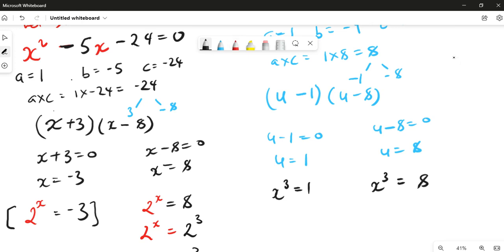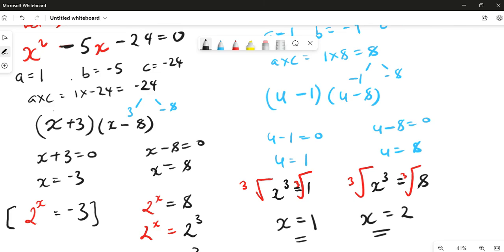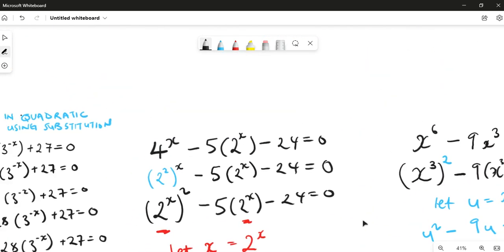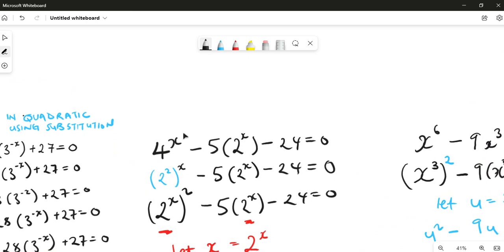So we find the cube root to get our value of x. The cube root of 1 is 1, so x equals 1. And the cube root of 8 is 2, therefore x equals 2. So we are done. Usually when you're dealing with such equations, make sure that one side is twice the other side.